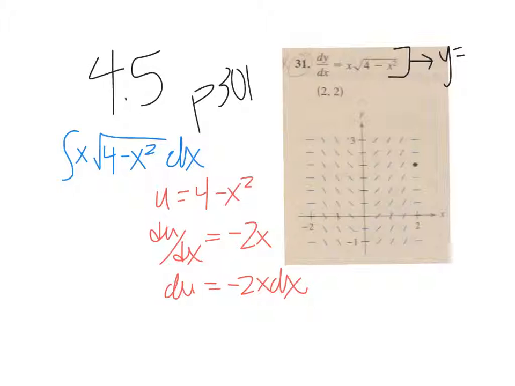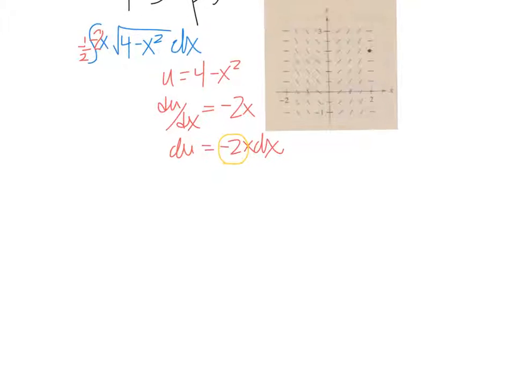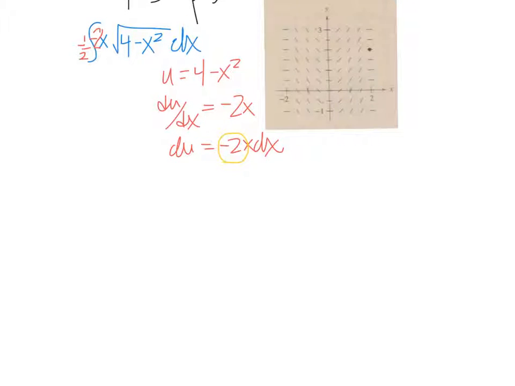And then I'm going to do some replacing. So clearly I need a negative 2. There's not one there in the problem. So I'm going to add a negative 2 in here next to that x as best I can. And so that means I need a negative half on the outside of my integral. Okay. So if I substitute, I'm going to do it down here. I have a little more space.